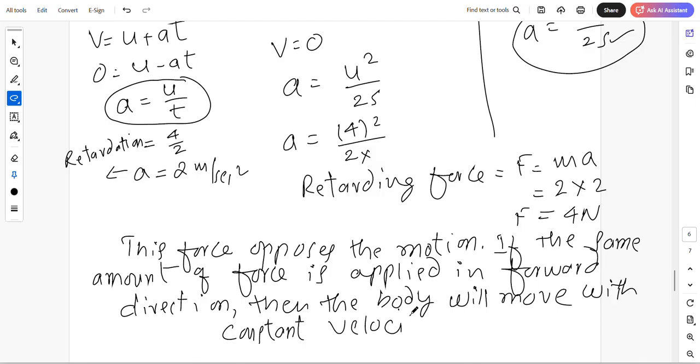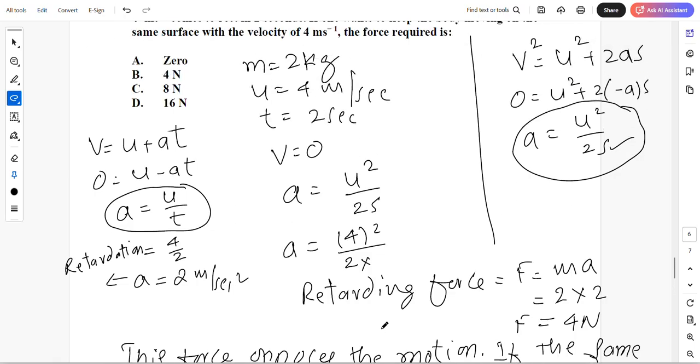Understood? This is the force required to stop it. If the same force is applied in the opposite direction, that is in the forward direction, okay, then the body will move with constant velocity. Therefore, 4 newtons is the right answer.